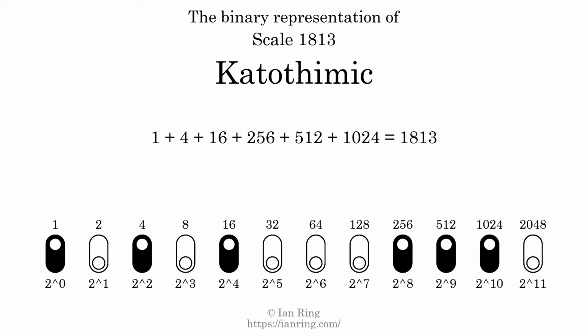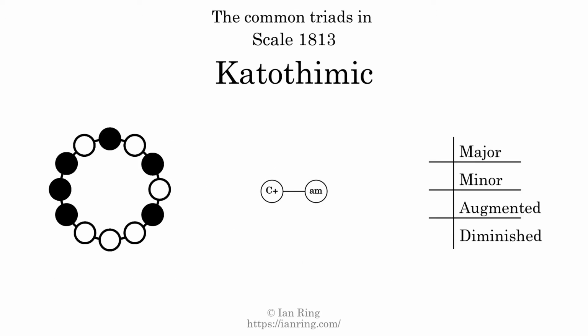That is why the scale number, in decimal, is 1813. The scale number not only enumerates the scale with a unique index, but it also literally describes the tonal content of the scale. Represented as a binary number in base 2, the scale number is 0111000100101.